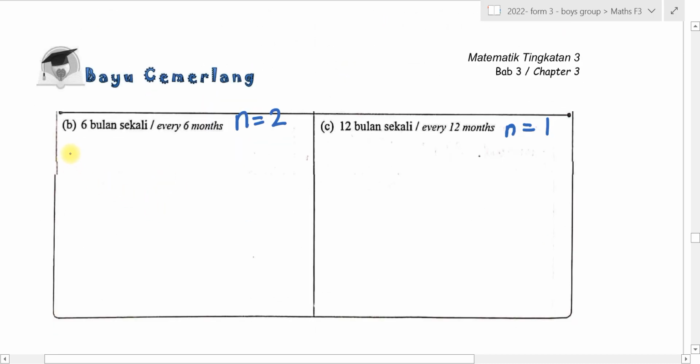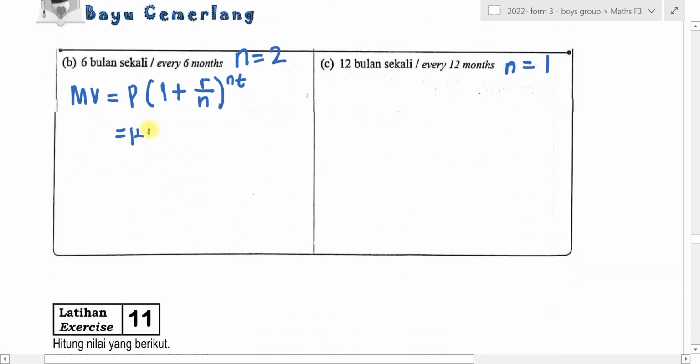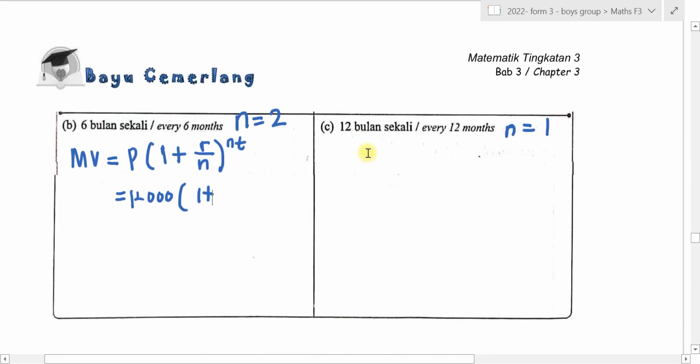Arideva, the formula: MV equal to P, bracket 1 plus R over N, close bracket, N times T. So your principal is 12,000. 1 plus the interest rate is 6%.